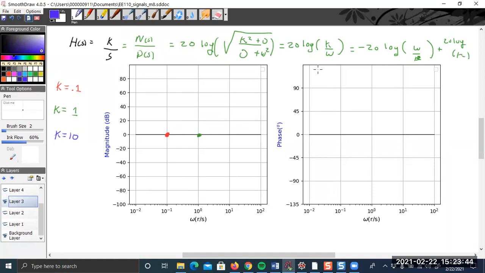Same with 10. What omega would make this relationship go to 1, thus 0 dB? Here, right? Then I can look here, right, and know that I have minus 20 dB per decade. This, by setting where 0 dB was, I've done my offset.